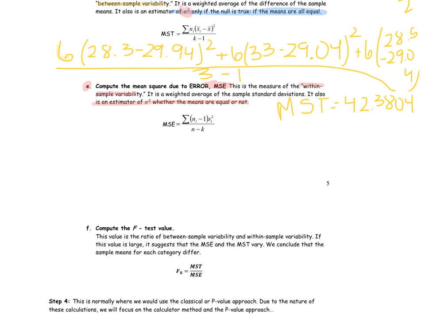Okay, so with that, let's start doing this by hand. It's a sum of n minus 1. N is 6, so 6 minus 1 is 5, times the variability, and it's a sum.